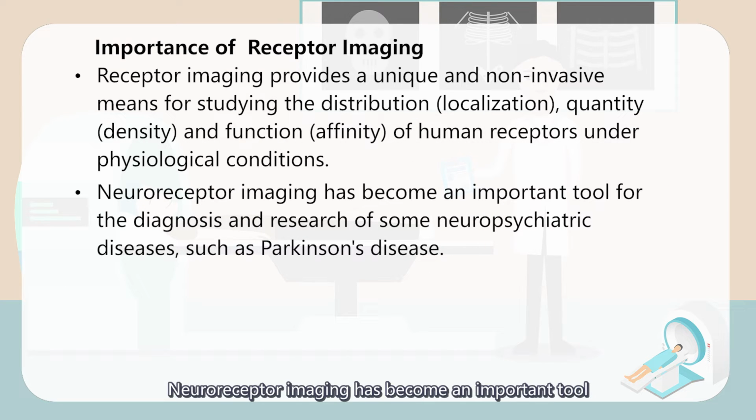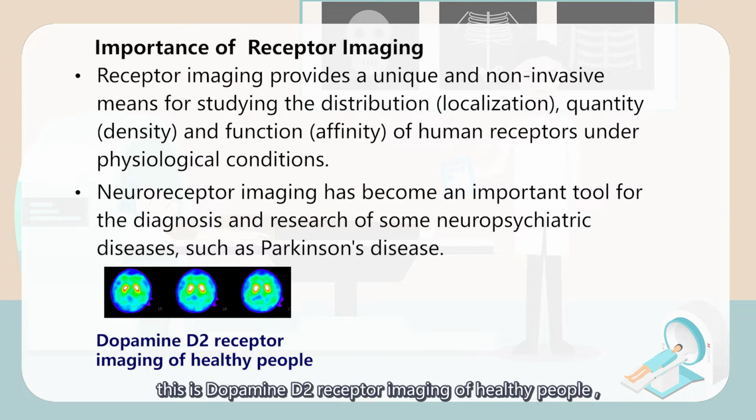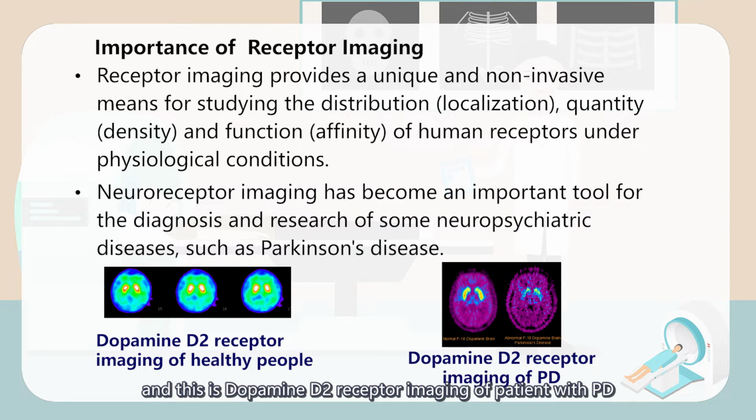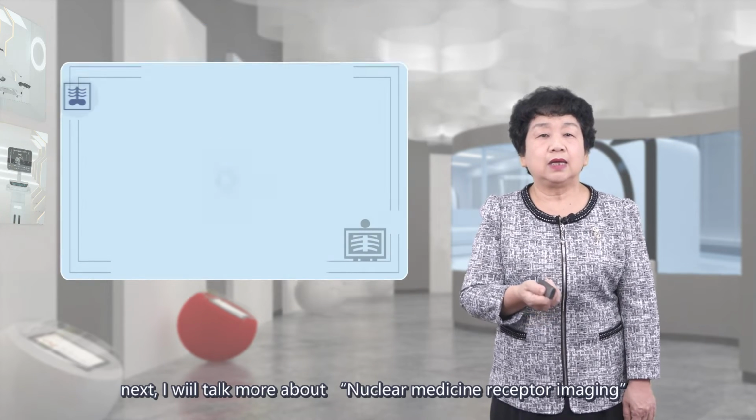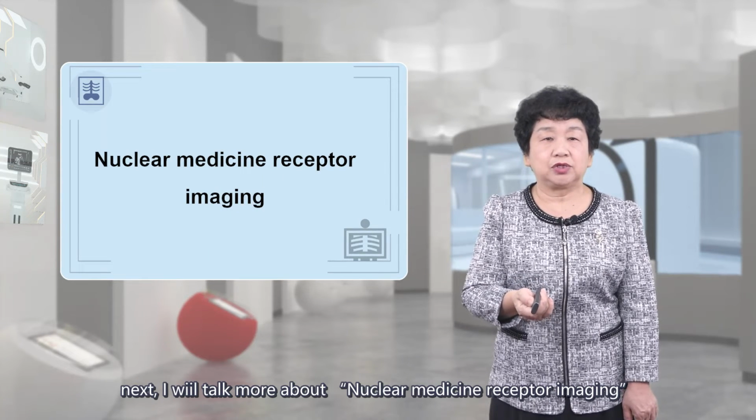Neural receptor imaging has become an important tool for the diagnosis and research of some neuropsychiatric diseases such as Parkinson's disease. This is dopamine D2 receptor imaging of healthy people, and this one is dopamine D2 receptor imaging of Parkinson's disease patients. Next, I will talk more about nuclear medicine receptor imaging.